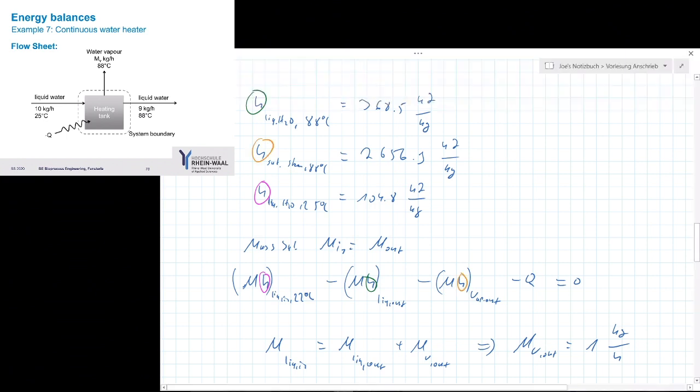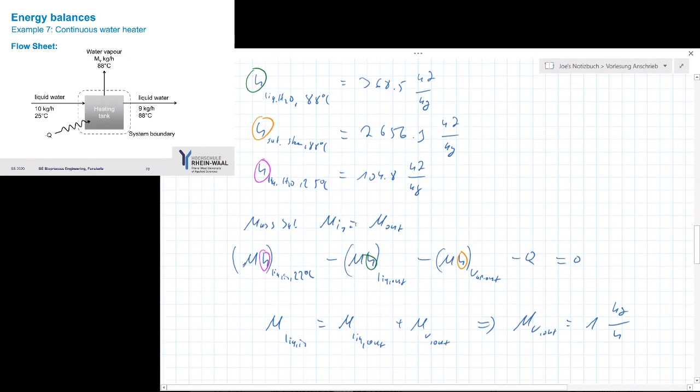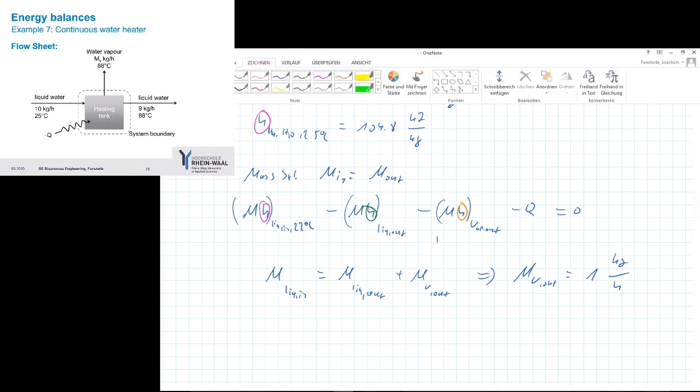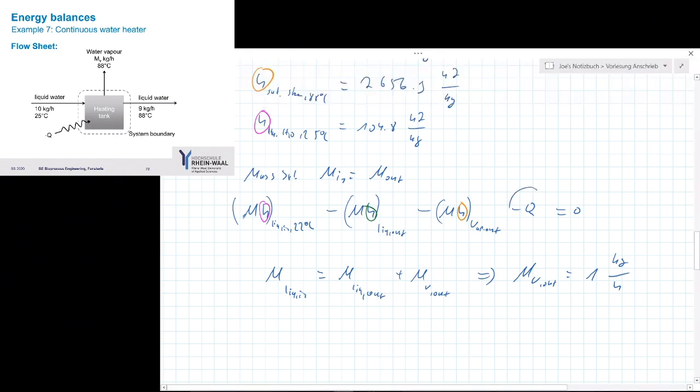So we just put in these numbers. We put in 10 kilograms here, liquid out is 9 kilograms here, vapor out is 1 kilogram here, and we then put in the corresponding values for the specific enthalpy. And then we solve this equation for Q.